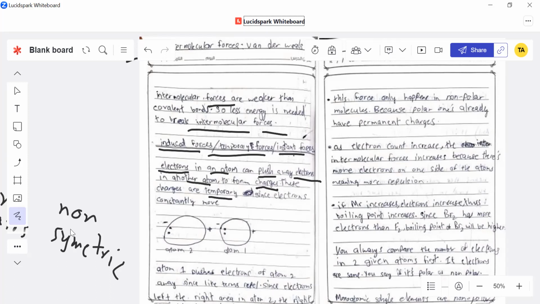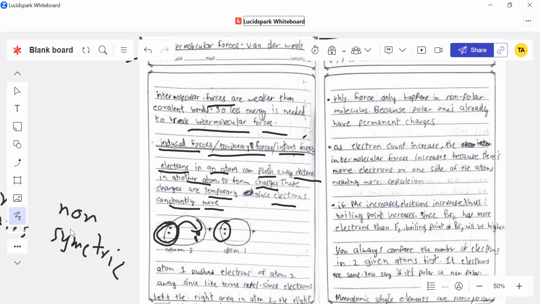These charges are temporary since electrons are constantly moving. So one atom has electrons at the left at one instant, and the other atom has electrons right here. Will there be repulsion or not? There would be repulsion, but this repulsion would be weaker. In another instant, this electron will come right here.